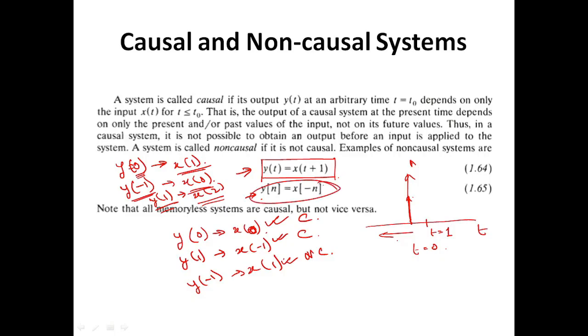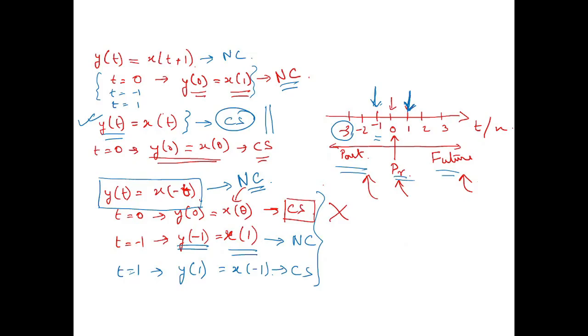Again, we have just discussed y of t equals x of t plus 1, so it is a non-causal system. This one also we have just discussed.